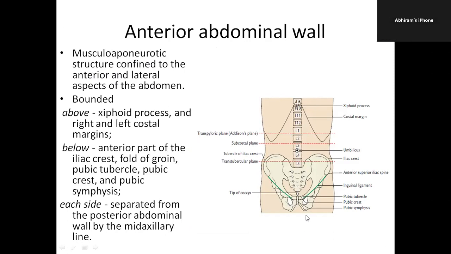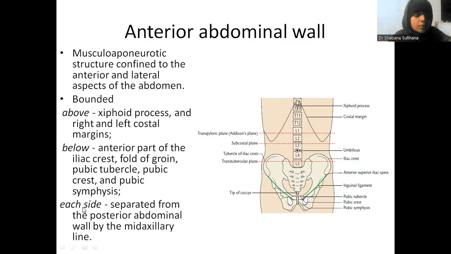Isn't it? Below we have this pubic symphysis area. More laterally we have this pubic tubercle and also we have the pubic crest. And this green line is actually indicating the inguinal ligament extending from the anterior superior iliac spine to the pubic tubercle. We have the inguinal ligament. Okay.